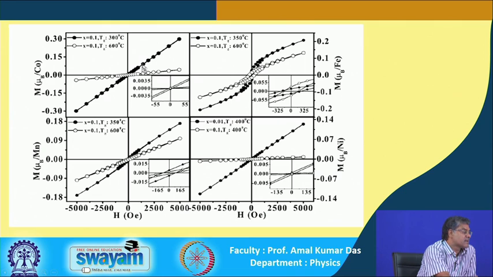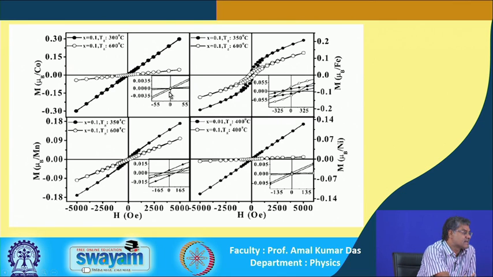The second piece of information is that in each graph you see we have another small portion, another plot you can see. This we call the inset.